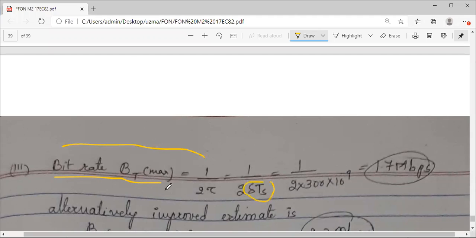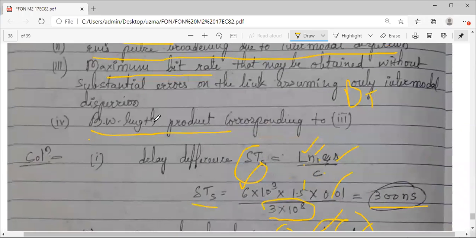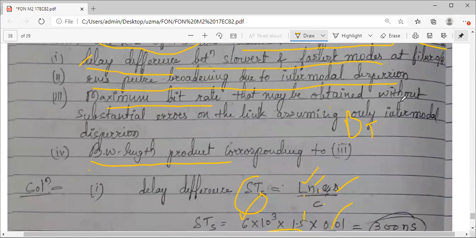This equation we studied when we were dealing with the dispersion concept at the initial stage, in the introduction. So 1 by 2 times delta TS, where the delay difference we have already calculated as 300 nanoseconds. Substitute, and you will get 1.7 Mbps. This is the bit rate with which, if you work, errors will be fewer, obtained without substantial errors, possibly optimized.